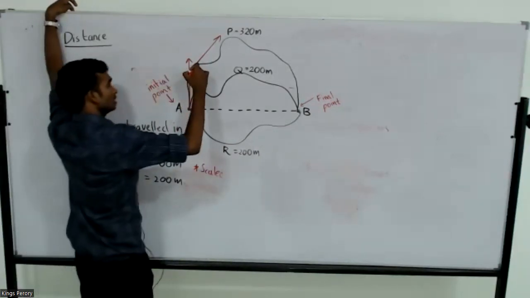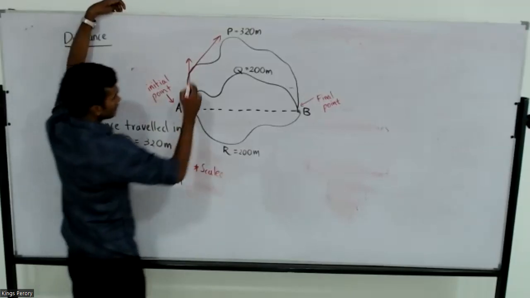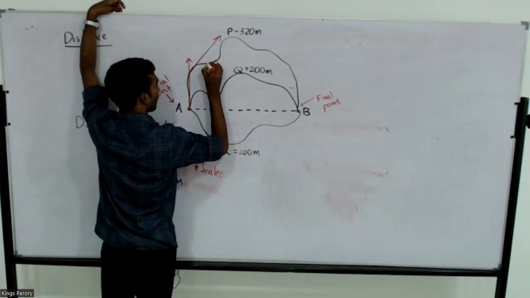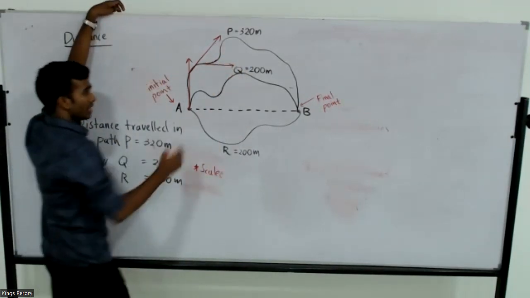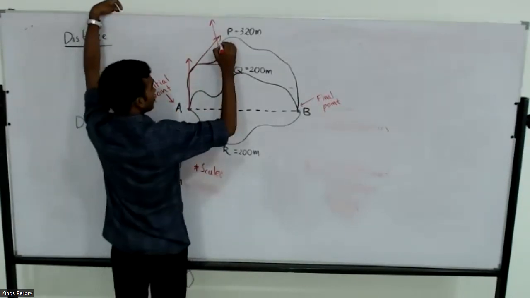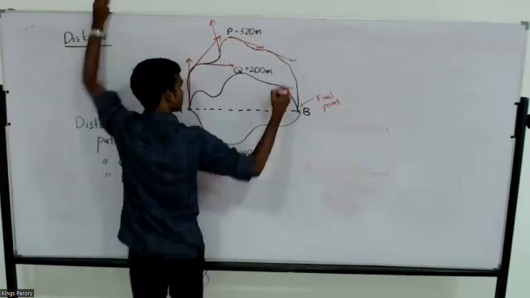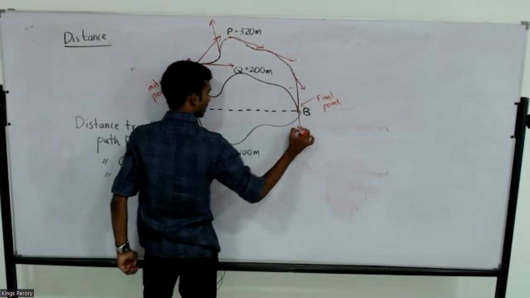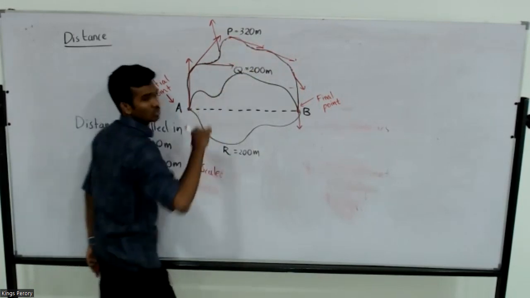Now, when he goes in this same direction, will he reach B? Again, after some time, his direction changes. Again and again his direction changes. And you can see from point to point, his direction is what? Changing.